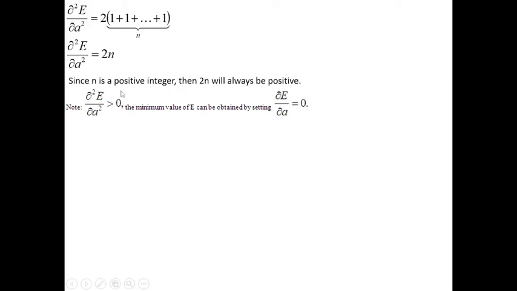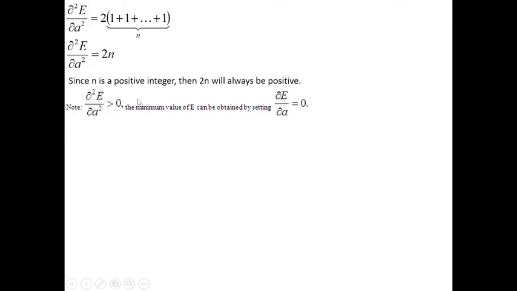So, sabihin niyan, e is minimized. No? E is minimized. Okay? So, if e is minimized, no? So, we can able to determine the minimum value of e. No? We can able to determine the minimum value of e. Okay? So, take note, no?